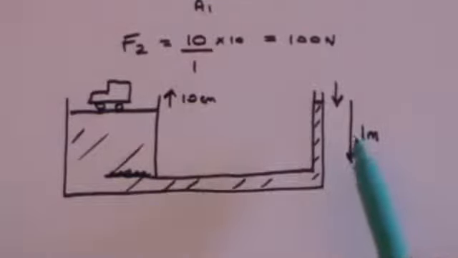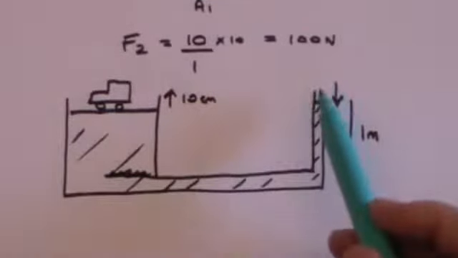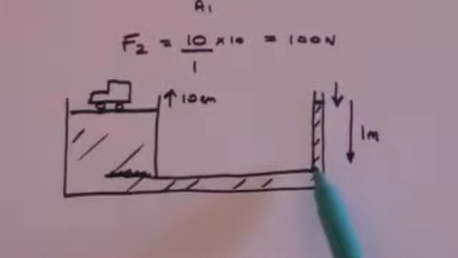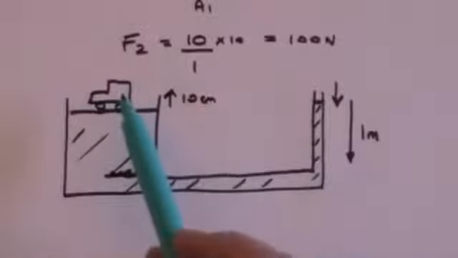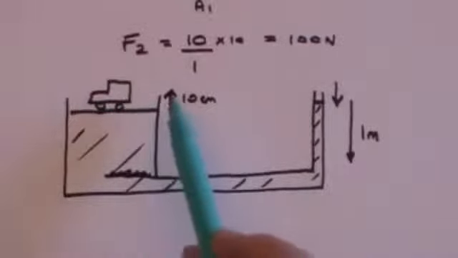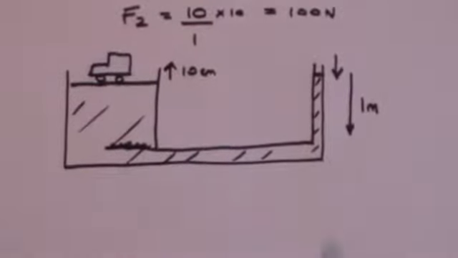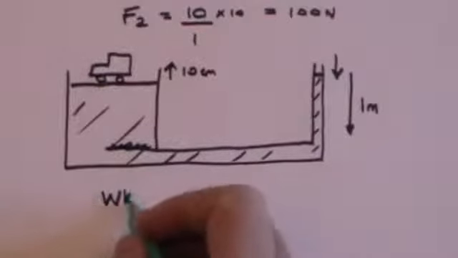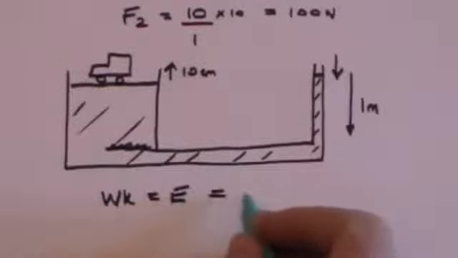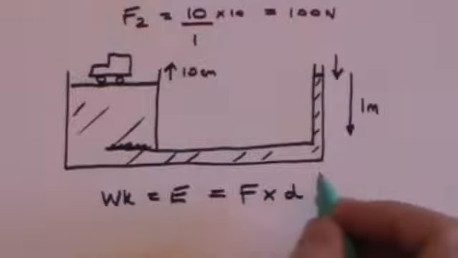So the catch is that although I only have to apply a small force, I have to apply it over a much larger distance, because the large force at this side will only go up by a small distance. And you'll remember that we showed that the work done, which is energy, is force times distance.